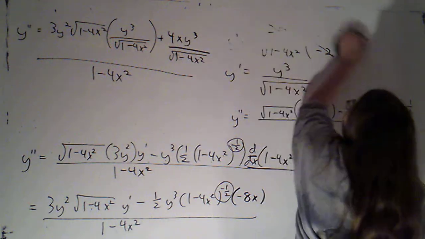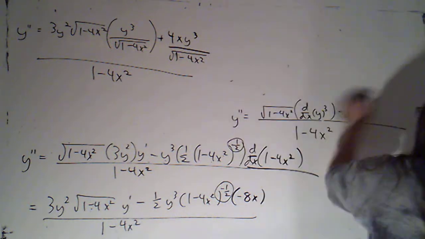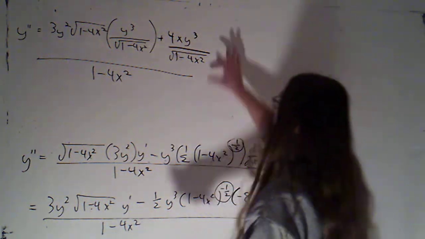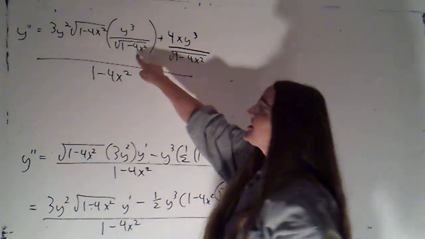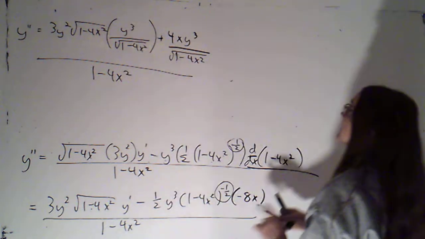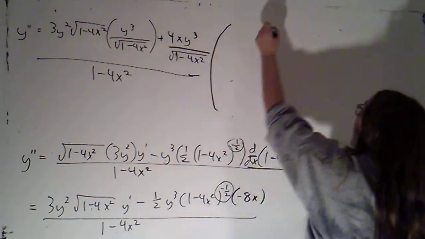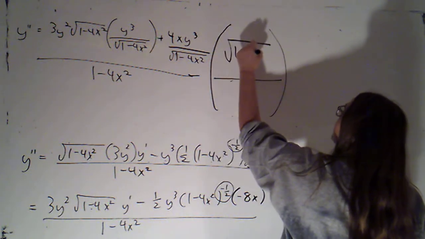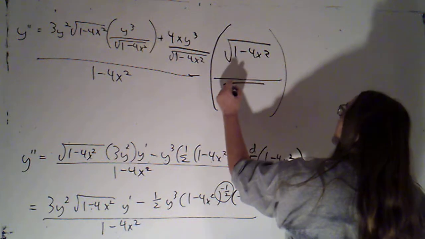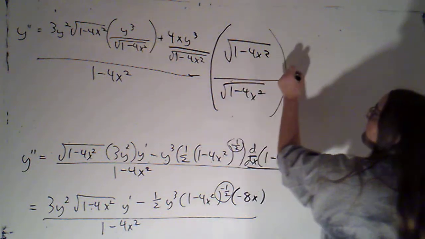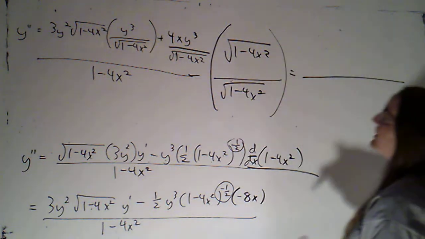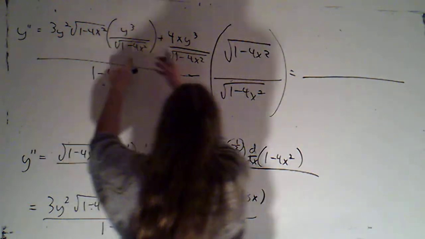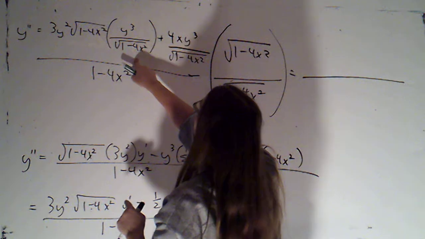Okay, excellent. So I do have a complex fraction. What's actually kind of nice is that I've got two fractions inside of my fraction, but they actually have the same denominator. So to clear that complex fraction, I'm just going to multiply by 1 in the form of root 1 minus 4x squared over itself. And so let's see. I've got to distribute to this first piece, but that's just going to cancel with that.